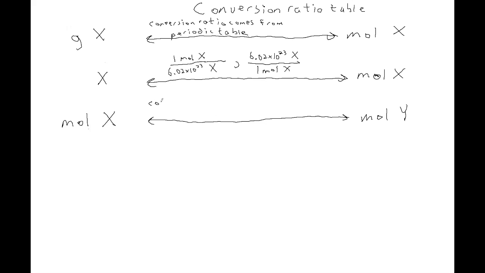So what I should write down here is: the conversion ratios come from the stoichiometric coefficients of the balanced chemical equation. So you have to balance the equation first before you can use this.